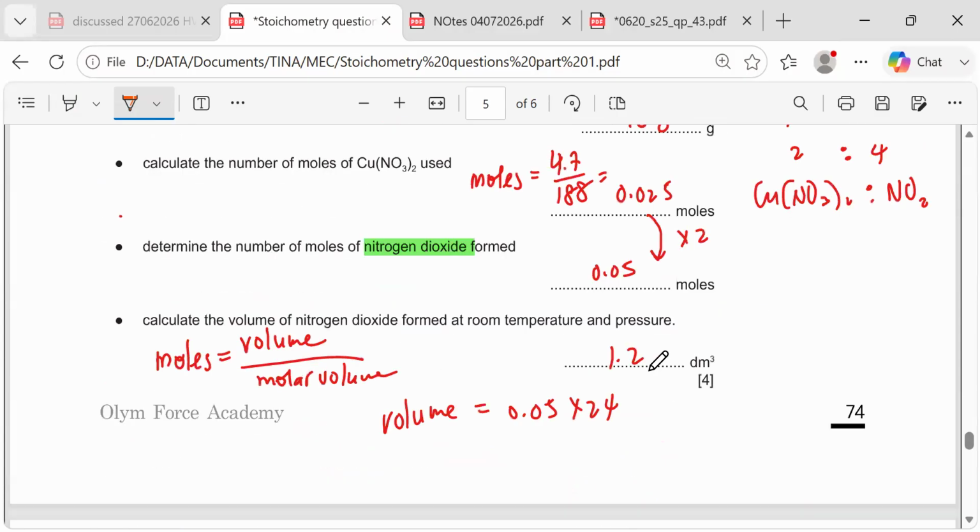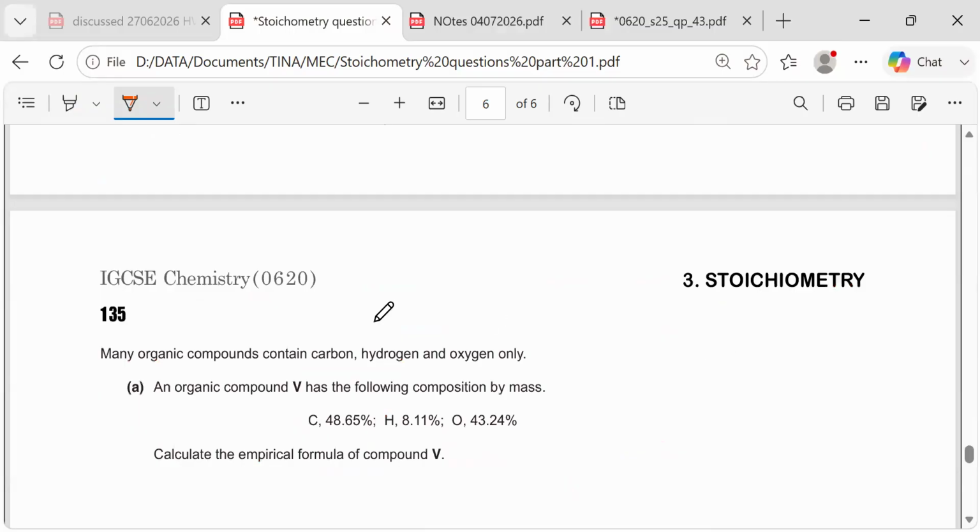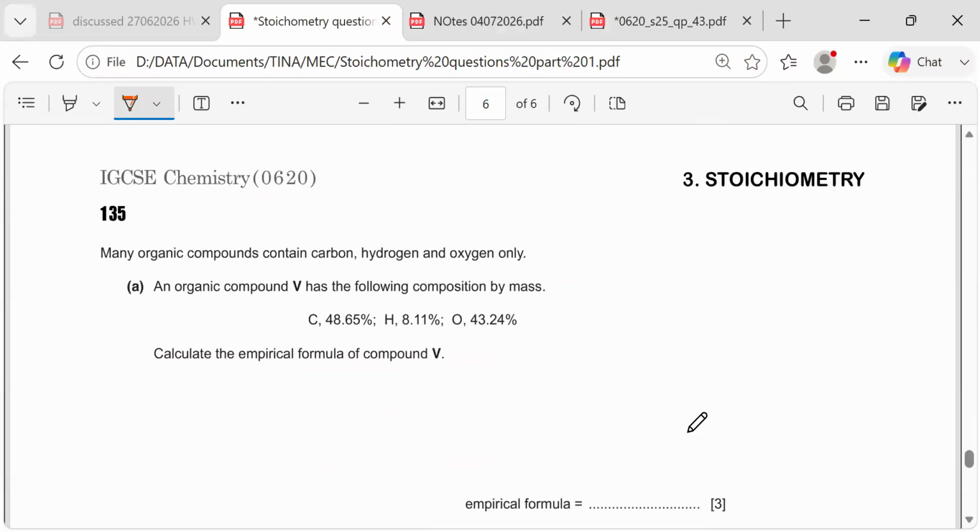What question is this? 135. What question is this? Empirical formula. We did empirical formula last week. For empirical formula, all you need to do is take these percentages, divide by the molar mass, and find the ratio. Remember? I wish when I say remember, you're not all just staring at me.